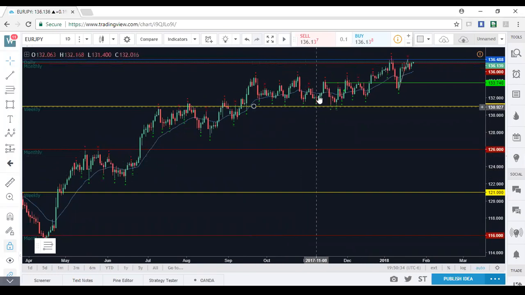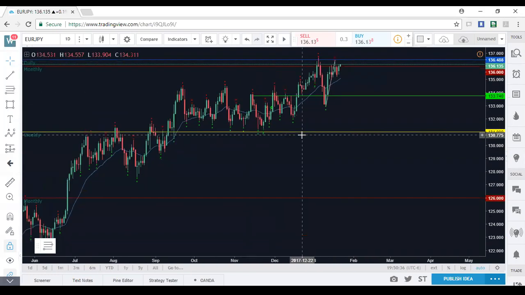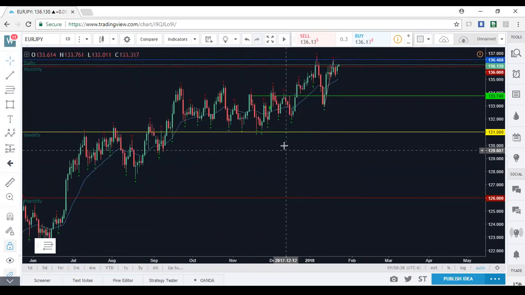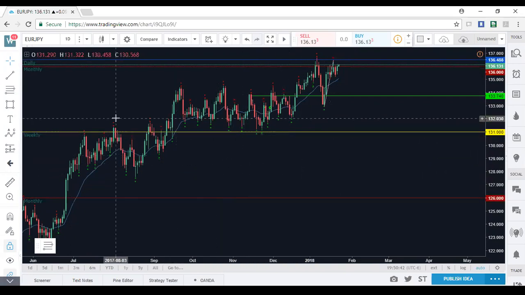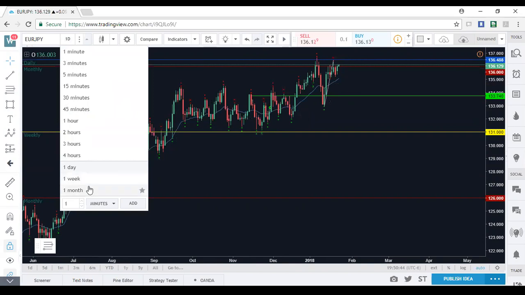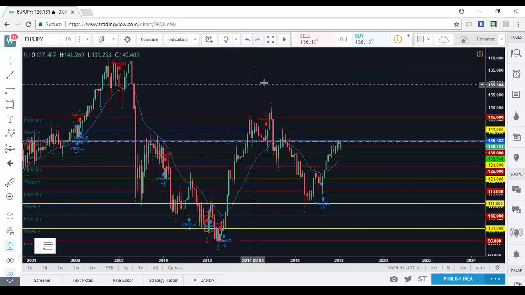All right. So you see on this chart, I've already got it marked up with my key levels, my weekly and my monthly levels, right? Let me zoom out.